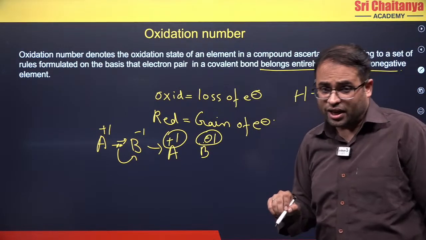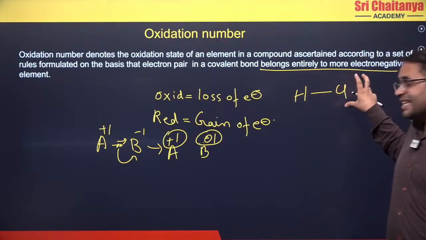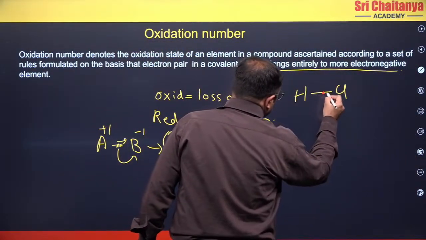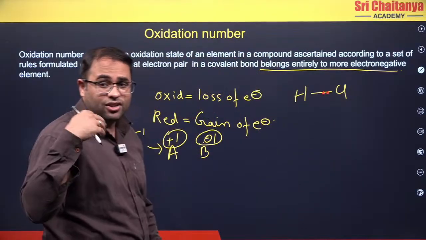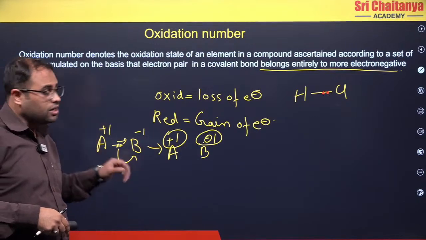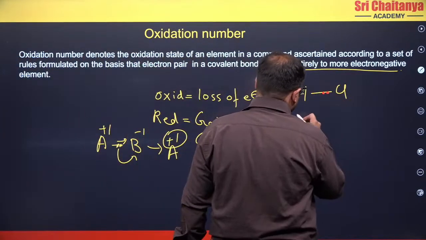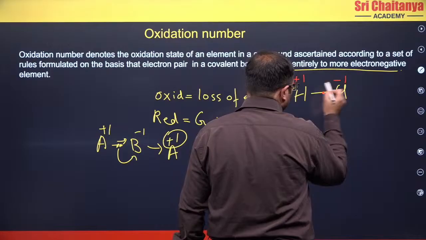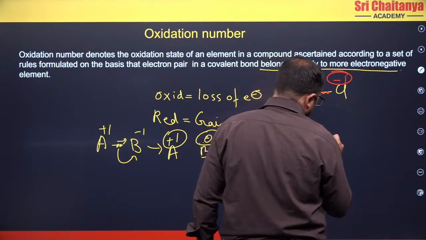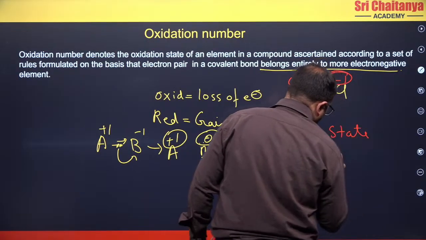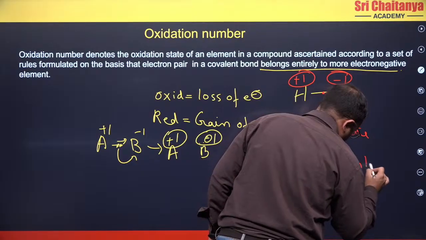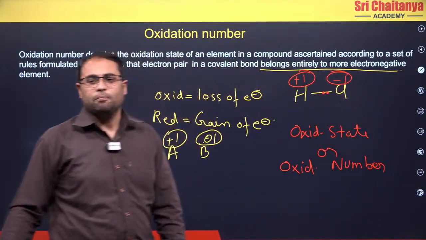We learned in the Pauling electronegativity scale that Cl is much more electronegative than H. So these electrons are assumed. Remember, this is an assumption. This is not the reality. Reality is this, right? So when you shift them here, H will get a +1 charge, Cl -1. These are the oxidation states. So oxidation state or oxidation number, both are same, right?